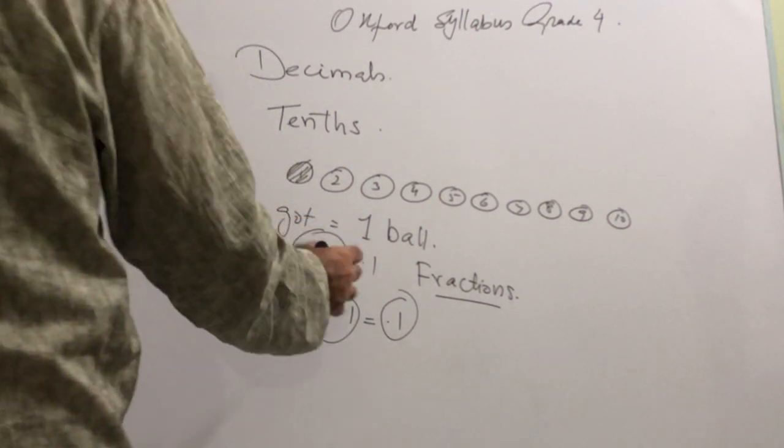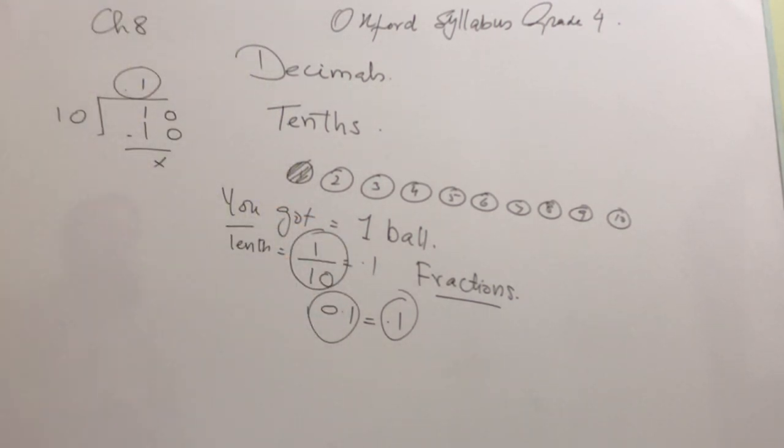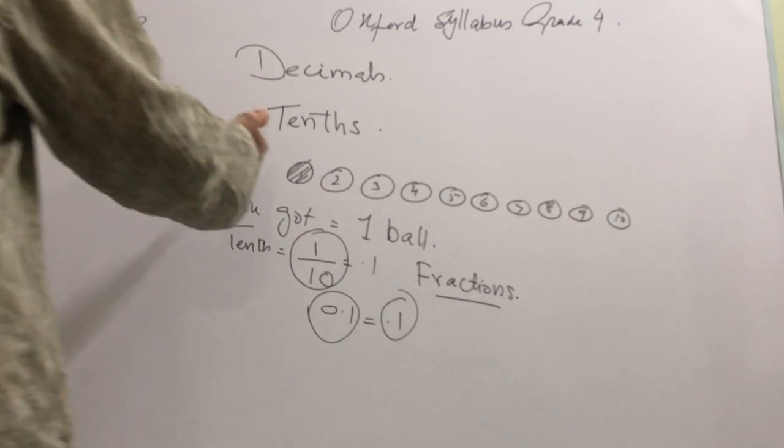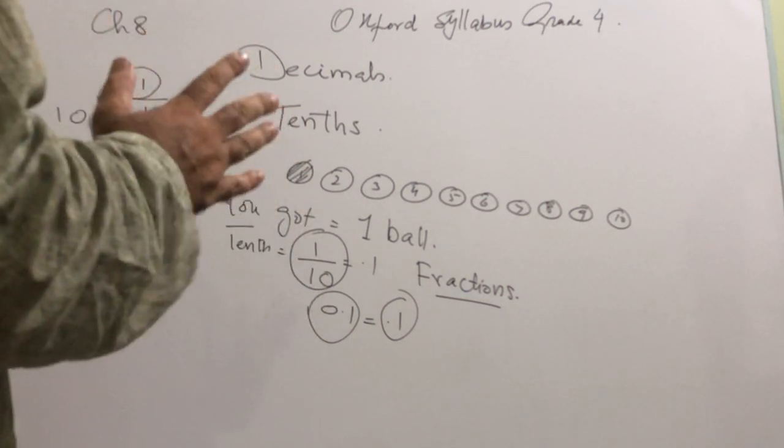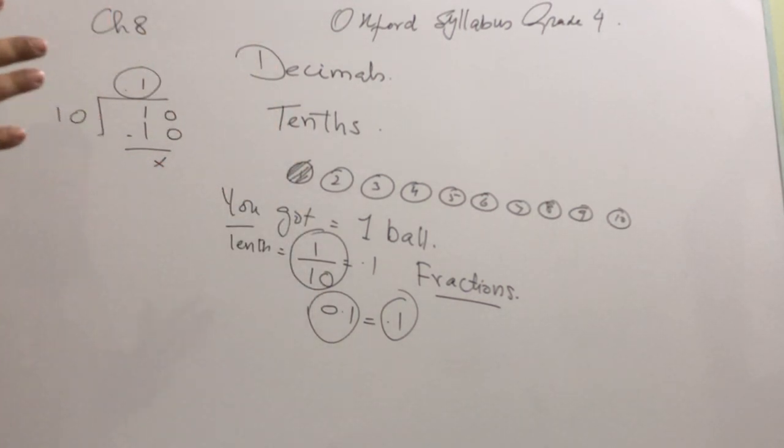All these things are same. This is actually 10th. This is one part out of 10. So this is, you can say, 10th part. You have got one part. So you say it is 10th.